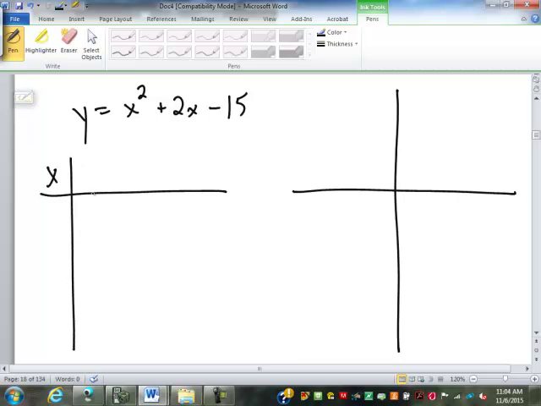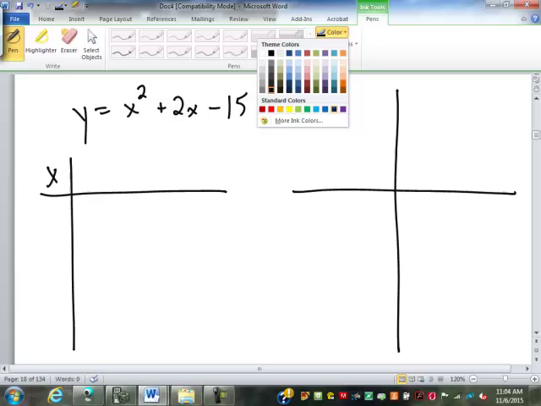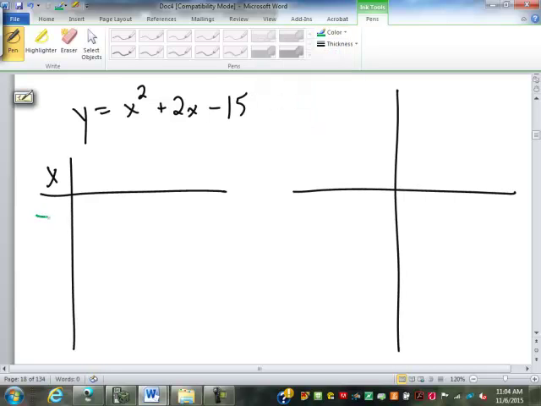Now I'm going to pick values for x, and I'm going to try them in here, put them into the equation, and see what y has to be. So let's try -2 for x. Well, then y has to be -2 squared plus 2 times -2 minus 15.